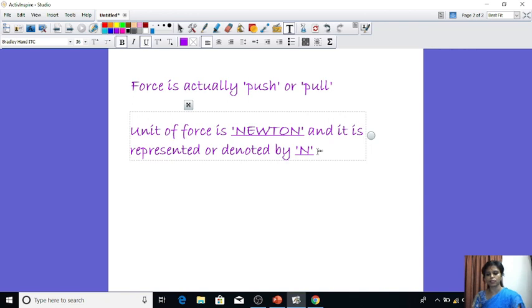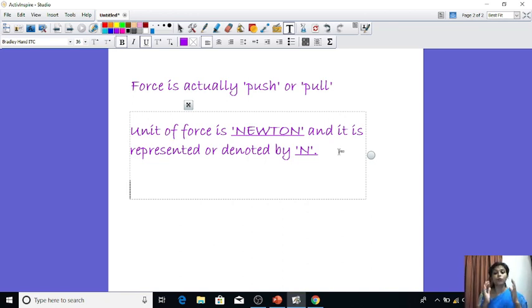Now what is Newton? We say the unit is Newton, but what actually is Newton? What is the value of Newton? We know 1 kg, 1 gram or 1 meter, but what is 1 Newton? How much force do we mean by 1 Newton?